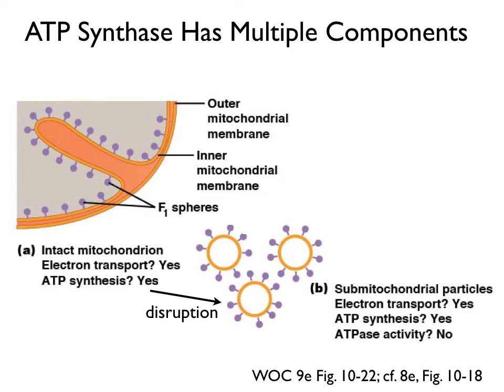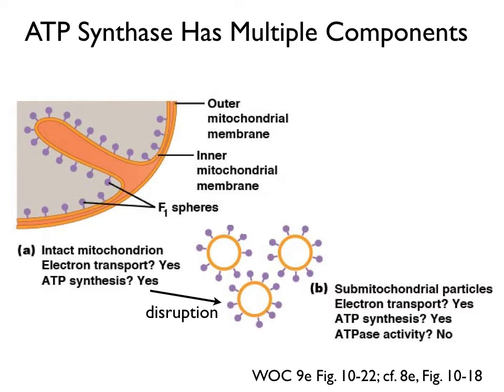But now here's where it gets interesting. So we can biochemically disrupt mitochondria in such a way that we can isolate their membranes. And you can see that we get little spheres of membrane that represent the intermitochondrial membrane in part B. All right, so in this case, we can assay for electron transport and ATP synthesis, and you'll see in this case that we can do both.